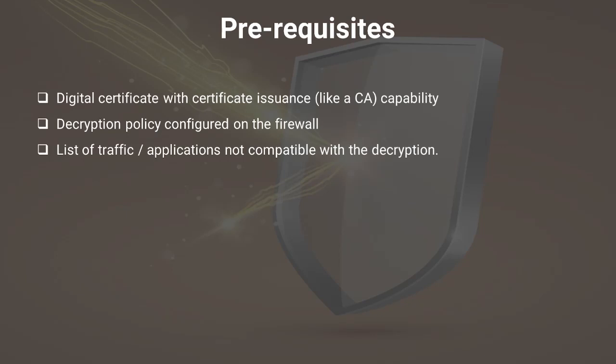Then the firewall decrypts the traffic and inspects the content. If the content is all right in terms of the security policy and it's allowed to go to the real server, the traffic can be encrypted again and sent to the server, or it can be left in clear text, which means unencrypted, and sent to the server.